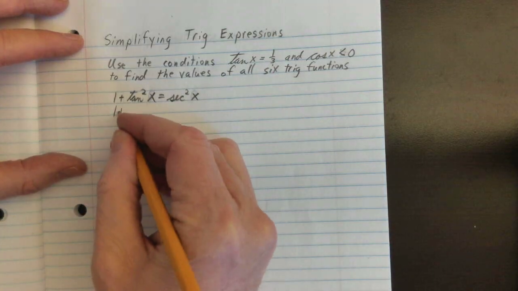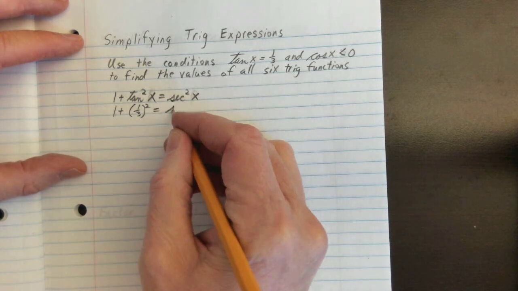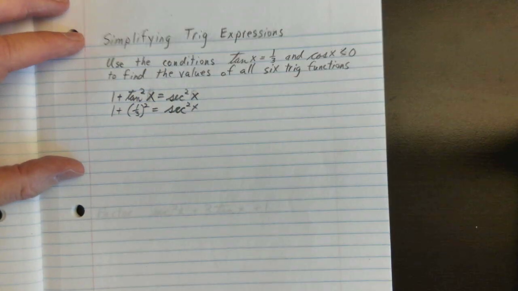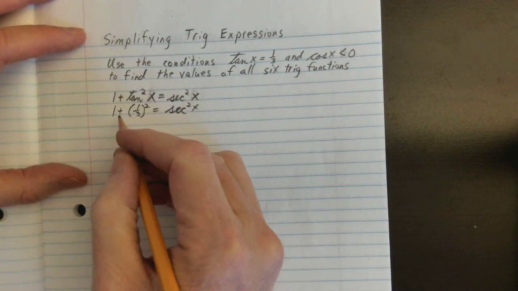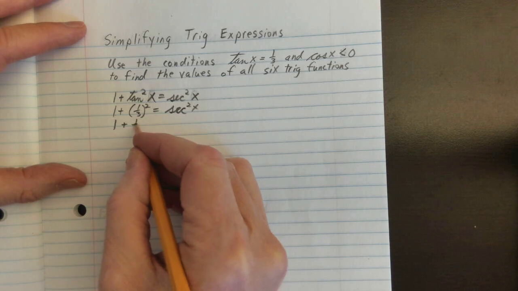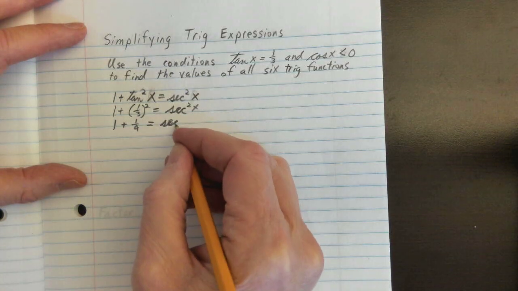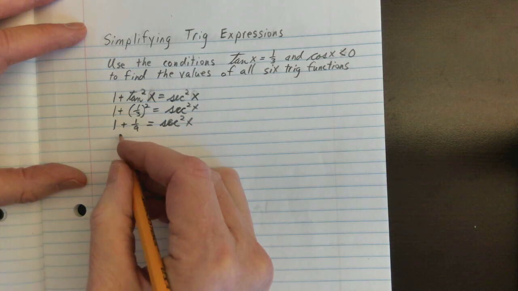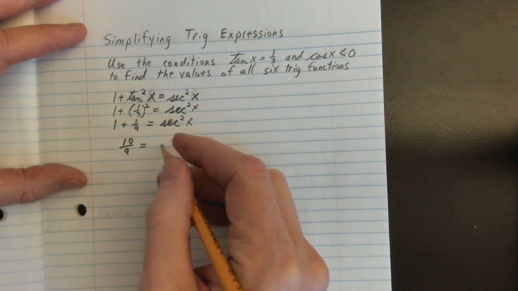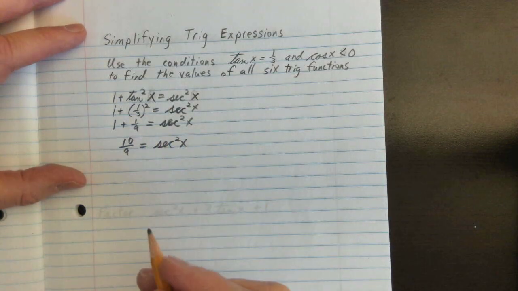So if I go 1 plus 1/3 squared, that'll equal secant squared of x. Now, that's 1 plus 1/9 equals secant squared x, and then that's 10/9, which equals the secant squared of x.